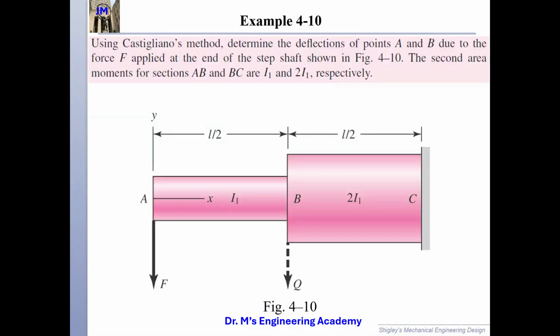For the second half, be very, very careful. It's 1 over E I1, because I2 equals 2I1. So from half L to 2L, you need to use this M. We write this M here: M equals Fx plus Q times (x minus half L).